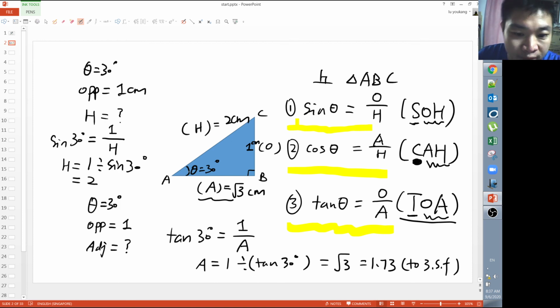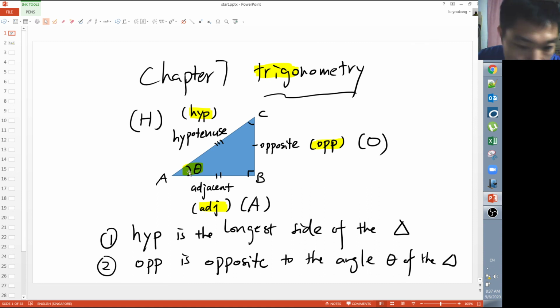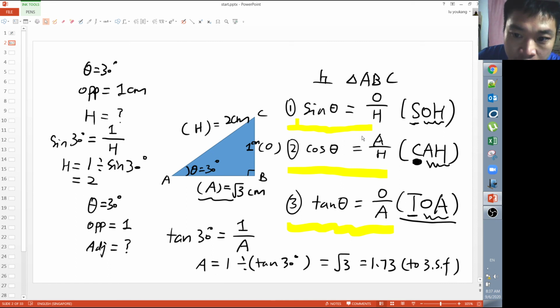So what we have learned today is the very basic concepts of trigonometry. First things first, you have to familiarize yourself with these terms: adjacent, opposite, and hypotenuse. So know what they are. Next, make use of one of the three rules here, and the shorthand to memorize these three rules is SOH CAH TOA.